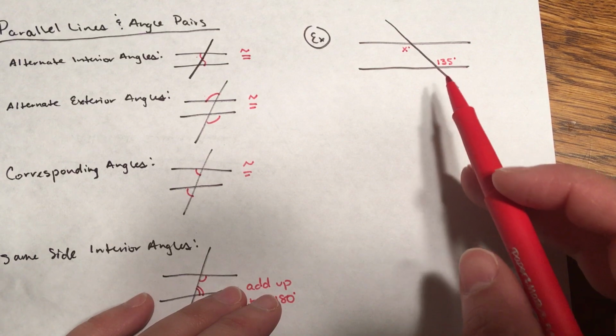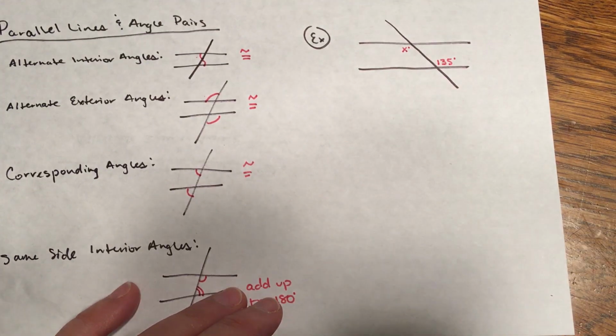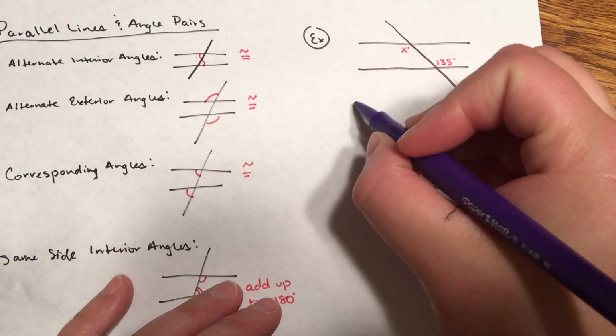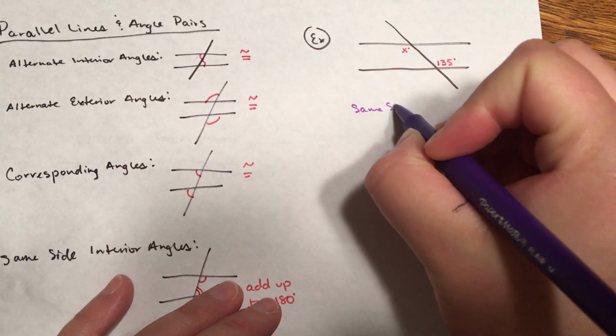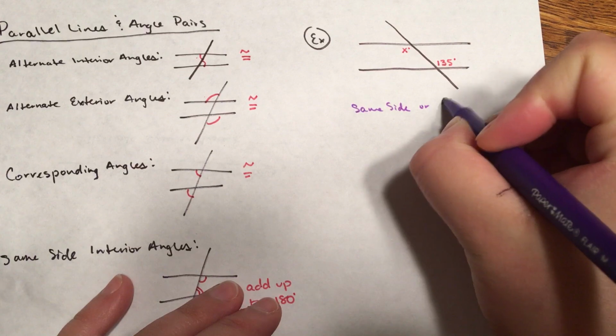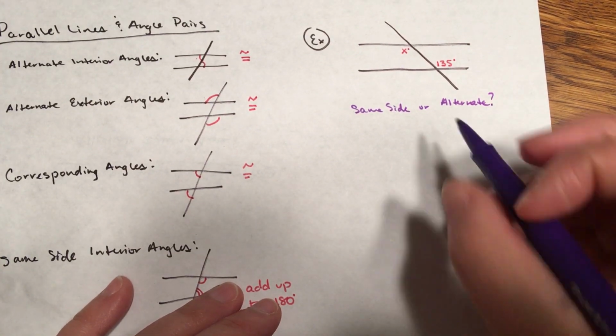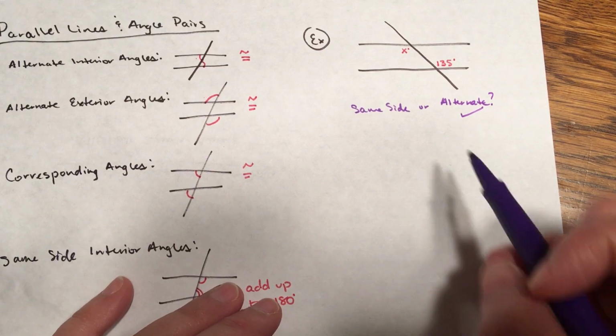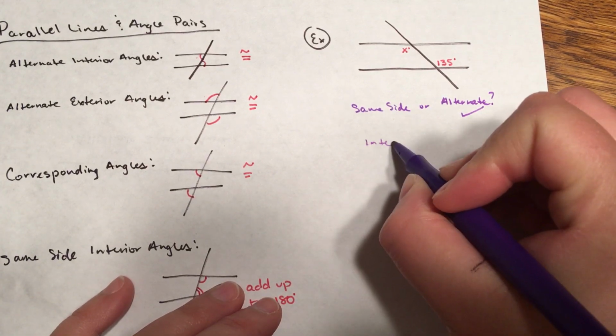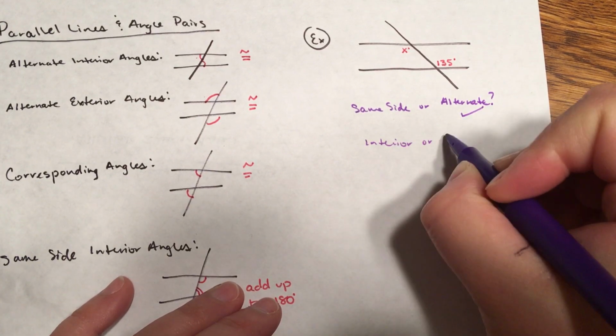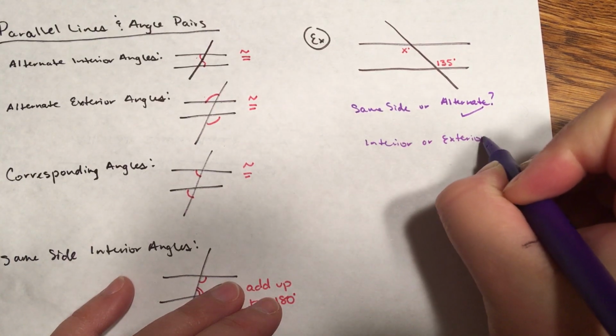So the first thing I do is I always think, okay, am I on same side or alternate sides? I put a little check next to alternate. Okay, so then from there, I ask myself interior or exterior.